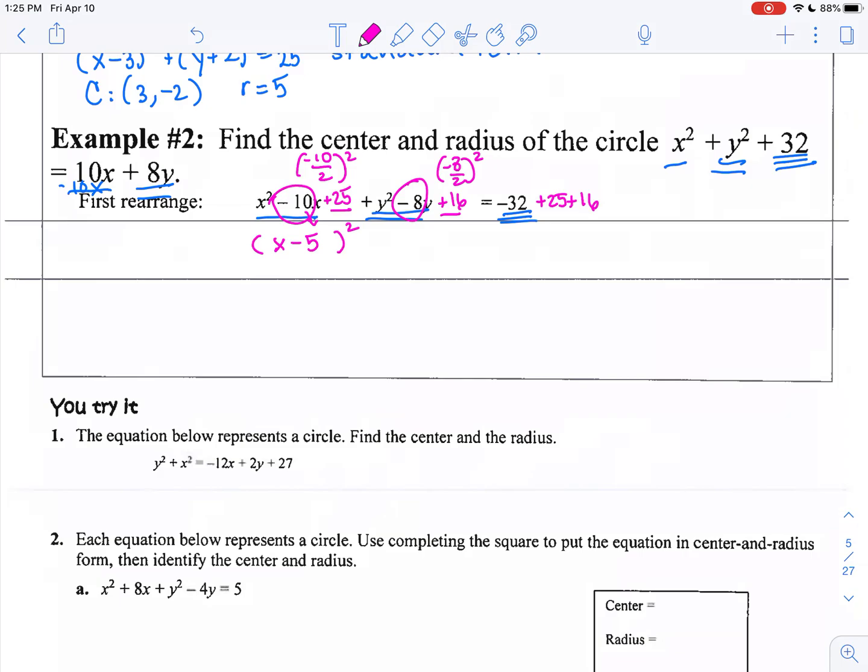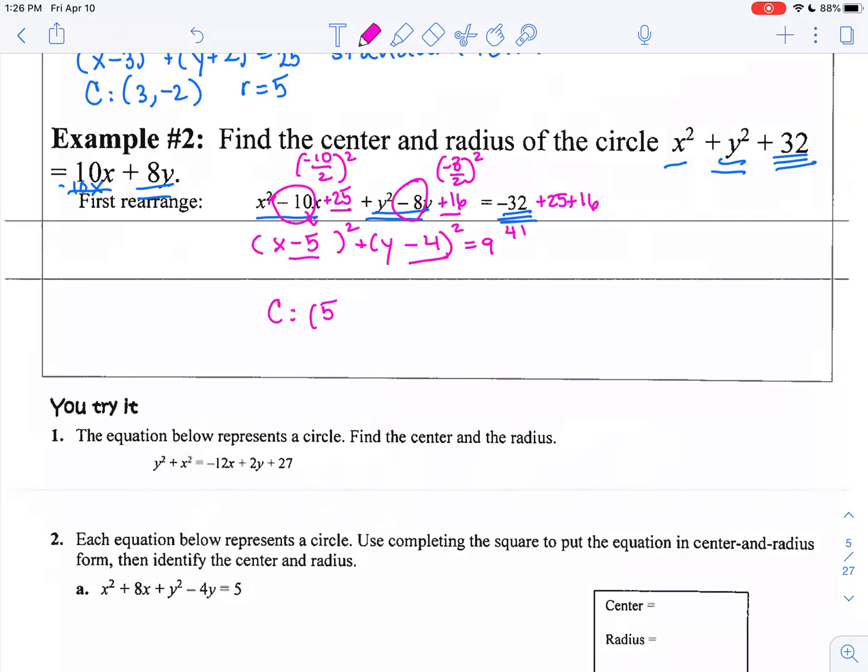It's x minus 5, and you might have noticed that this value here is always half of the b value, so negative 10 divided by 2 is negative 5. So what would that be for y? Well, half of negative 8 is negative 4 squared. And so on this side, we're adding 41 to negative 32 to get positive 9.